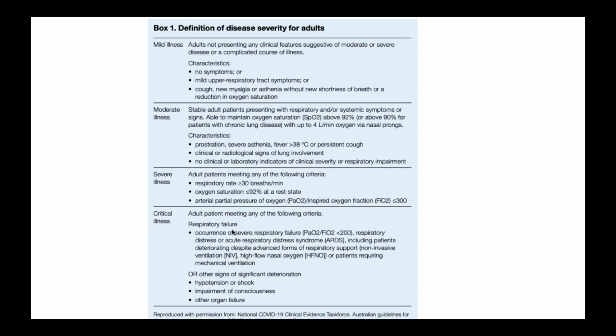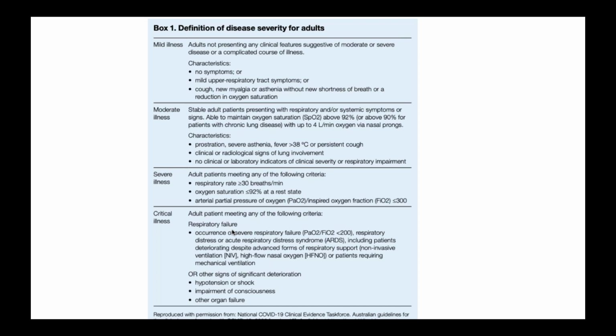So this is from those guidelines, and it's a reproduction from the National COVID Evidence Task Force, really, just reminding everyone what is mild illness. Mild illness is what we are thinking about managing in the community. Moderate, severe and critical illness are all requiring hospitalisation, because moderate illness requires oxygen, and then severe illness and critical illness, obviously, that's a bit self-evident. So what is mild illness?